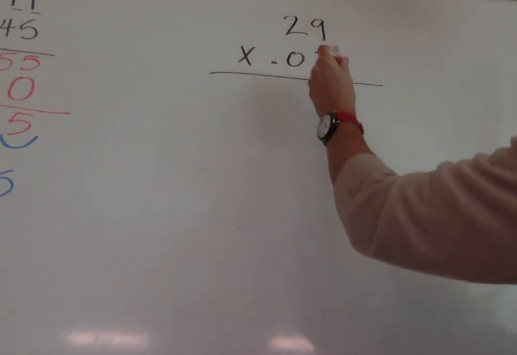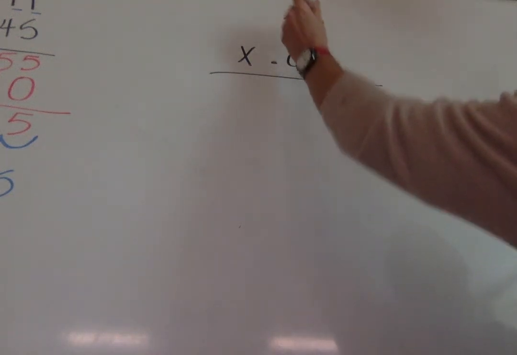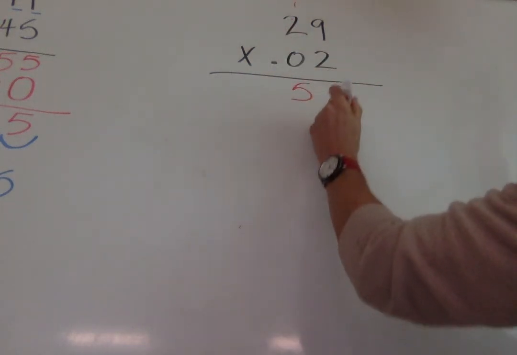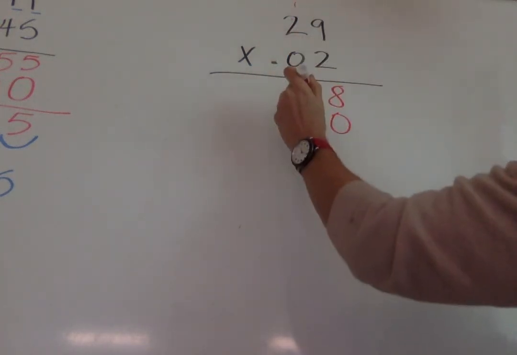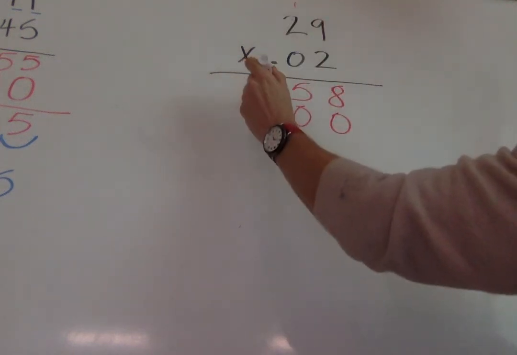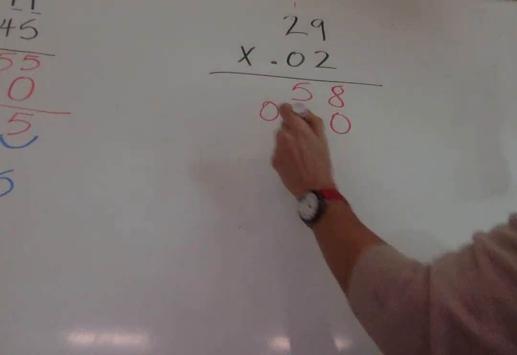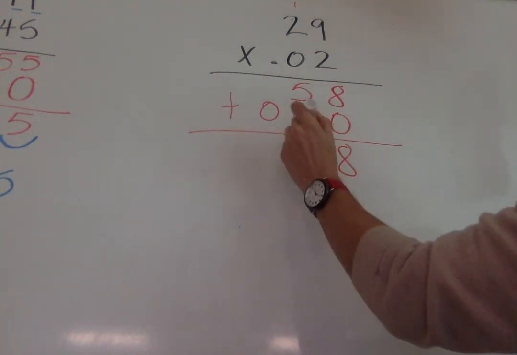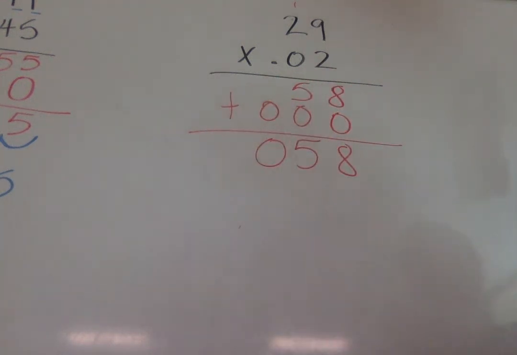All right, 9 times 2 is 18. Carry your 1. 2 times 2 is 4 plus 1 is 5. Put my 0 as a placeholder. 0 times 9 is 0. 0 times 2 is 0. I'm going to add them. 8, 5, 0.